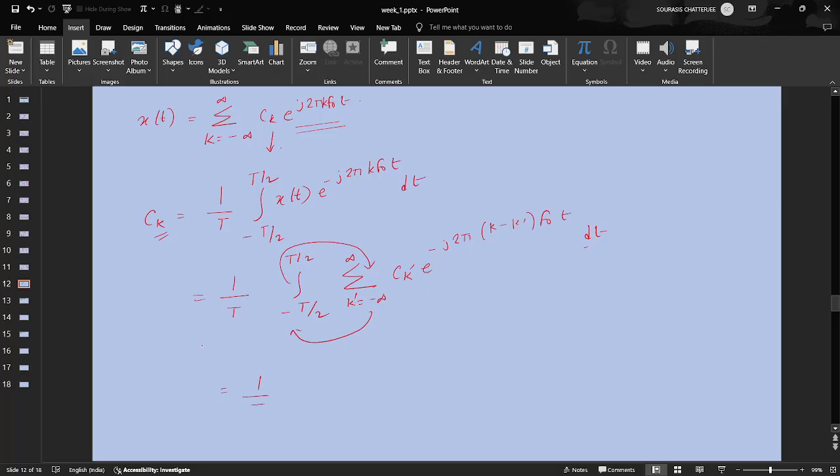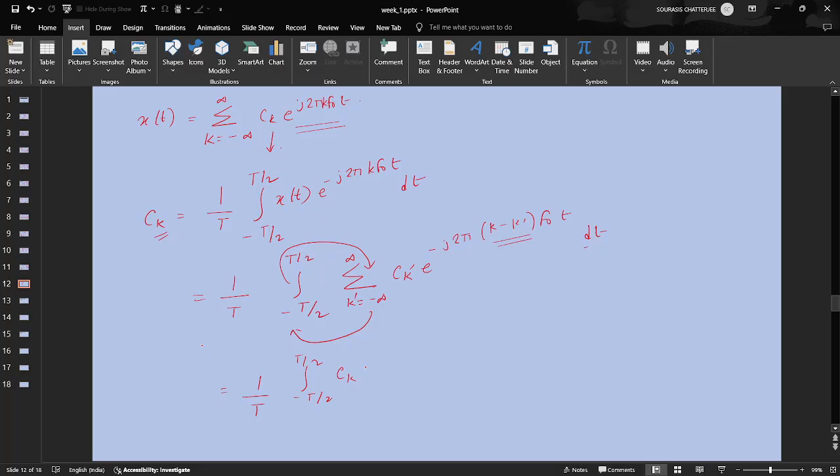So what will we basically be left with? Integral from minus T by 2 to T by 2. Let's take out the kth term, that is ck, where k minus k dash is 0.